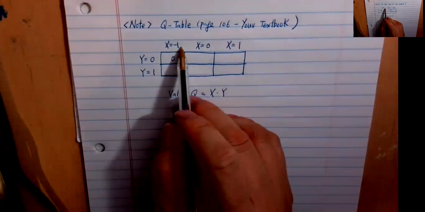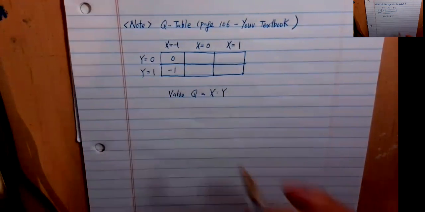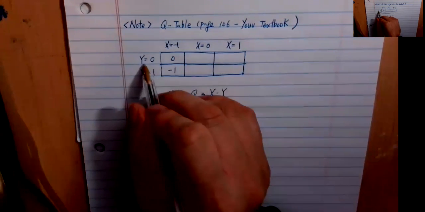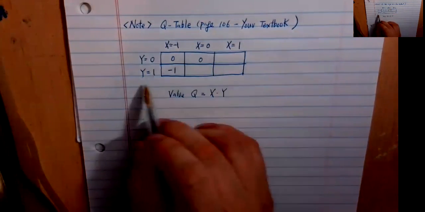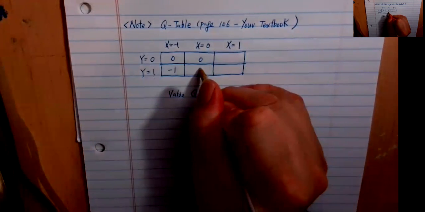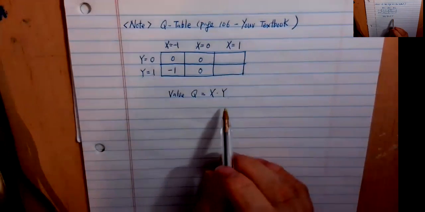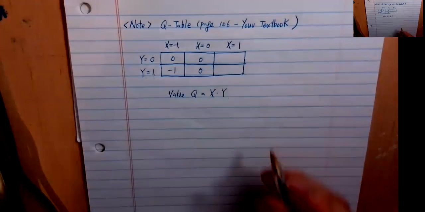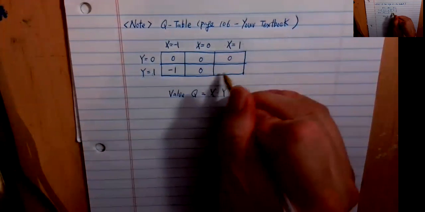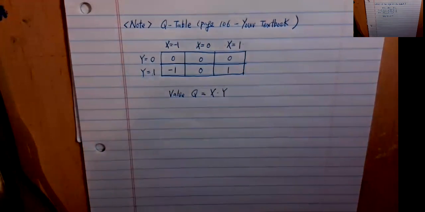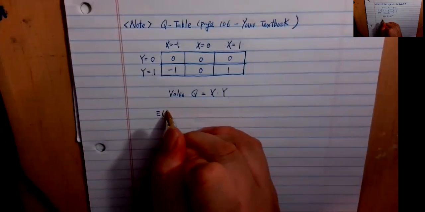And when X is 1, Y is 1, X times Y is 1. So we can see what the expected value of X times Y is.